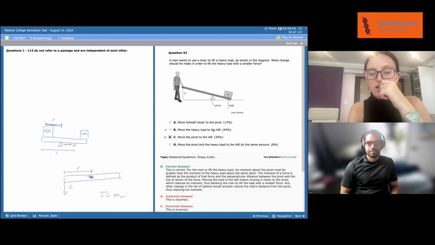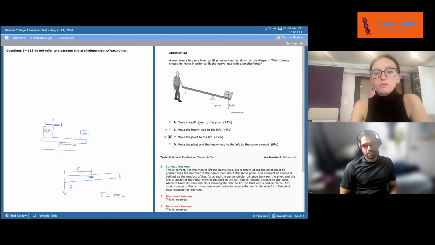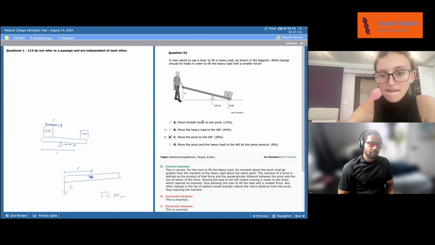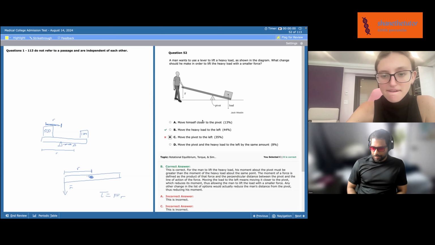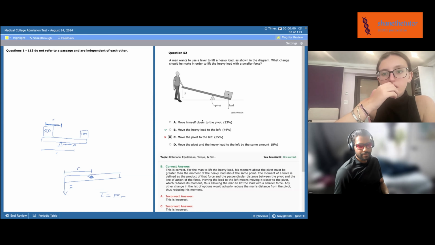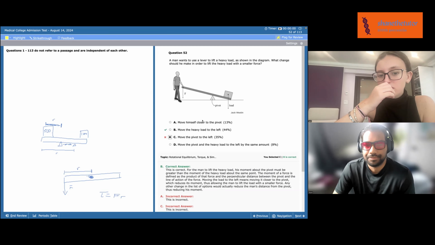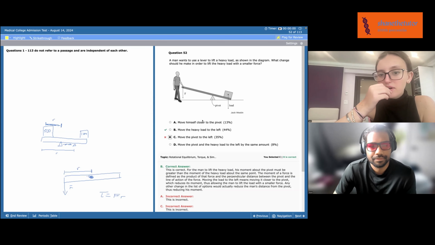But wouldn't moving himself closer to the pivot also decrease the distance? So, like, how do I know that B is correct and not A?